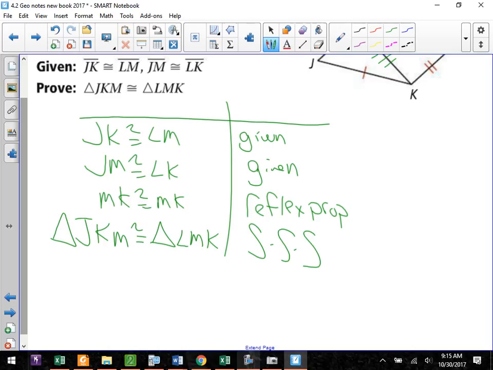And that one piece is usually reflexive or vertical angles, it's usually one of those two, to be honest with you. It's hard to miss, okay? So that's why you take a step back as you're writing them out, try to make sure you know exactly where you're going. Always draw pictures, always mark diagrams, and go off of that.